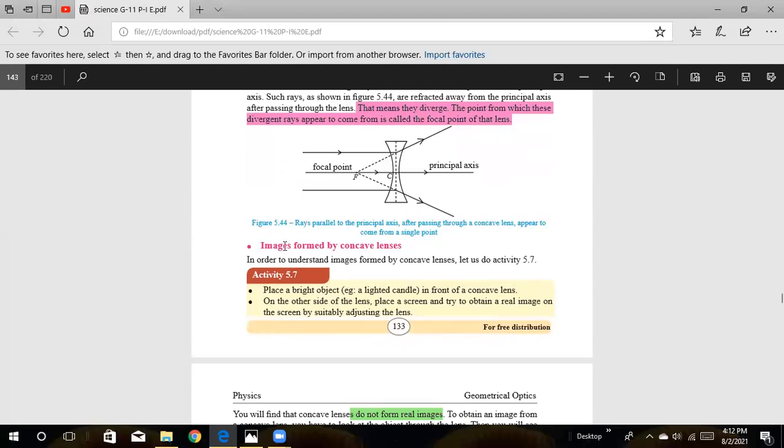Then place the bright object in front of the concave lens.